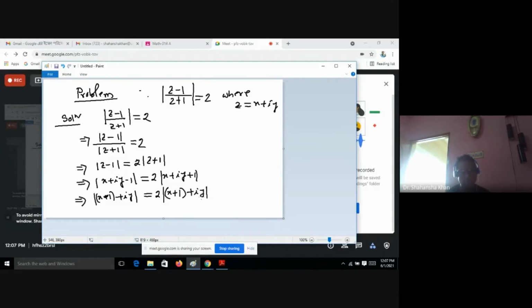So the modulus is root over x minus 1 whole square plus y square equals 2 root over x plus 1 whole square plus y square. Am I right, friends? Any question up to this?